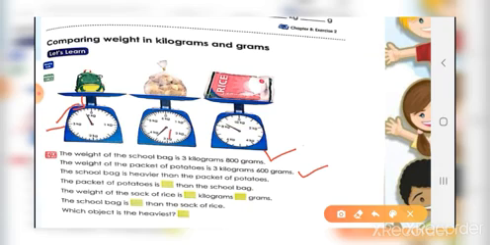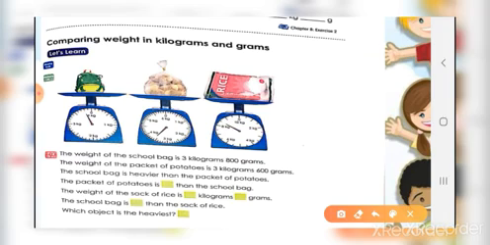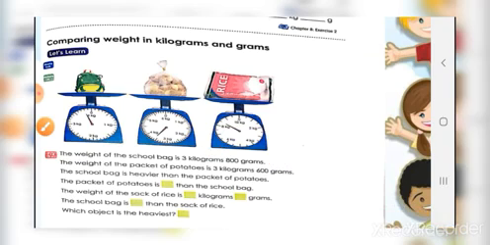This is 3 kilograms, and if you count each interval, that would be 600 grams, as each interval stands for 100 grams. So the school bag is heavier than the packet of potatoes, as the school bag is 3 kilograms 800 grams, while the packet of potatoes is 3 kilograms and 600 grams.